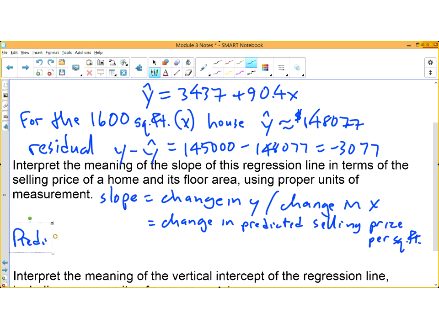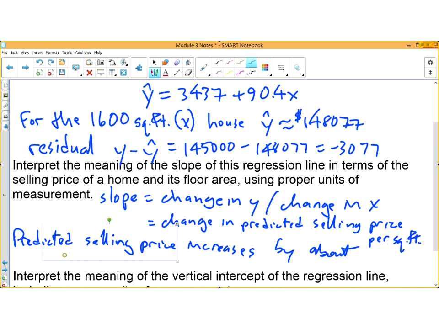Okay, so if we wanted to actually talk about our prediction, our interpretation, we'd say predicted selling price increases by about $90 for each added square foot.